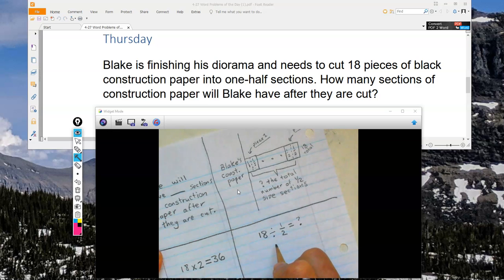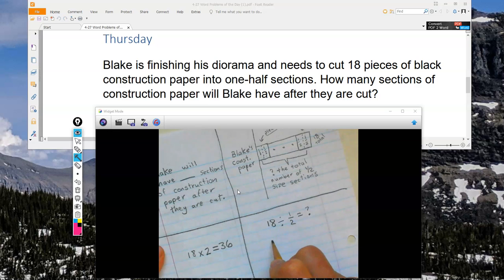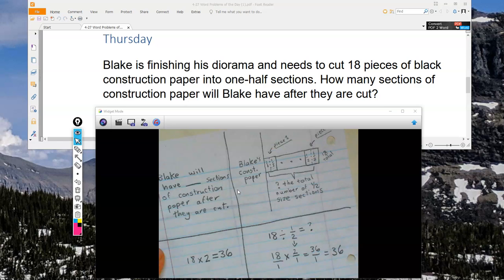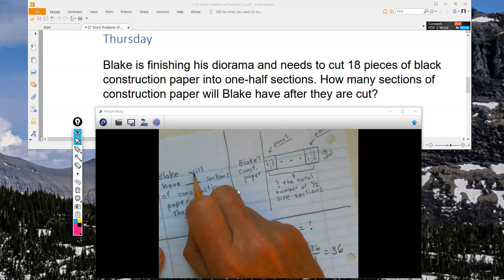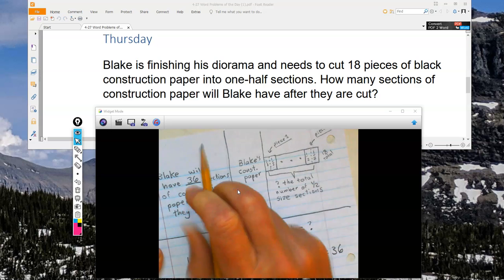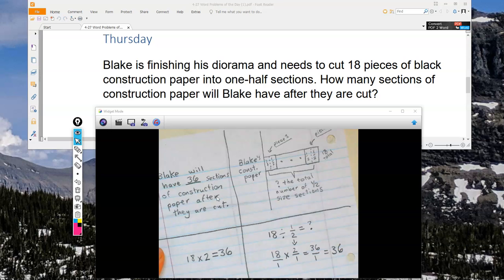There's another way Ms. Garcia was telling us about, the flip method, where you flip this over, it becomes 2 over 1, and then you multiply it, just like I did over here. This turns into an improper fraction. I get 36 over 1, which also equals 36. So that means I've got 36 sections of construction paper. Blake will have 36 sections of construction paper after they are cut.